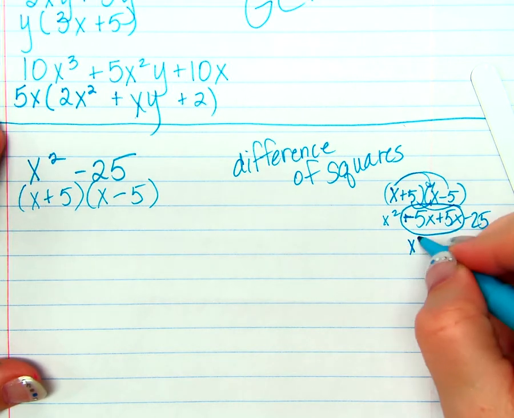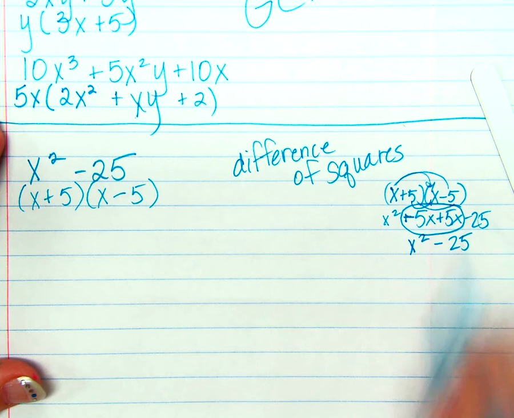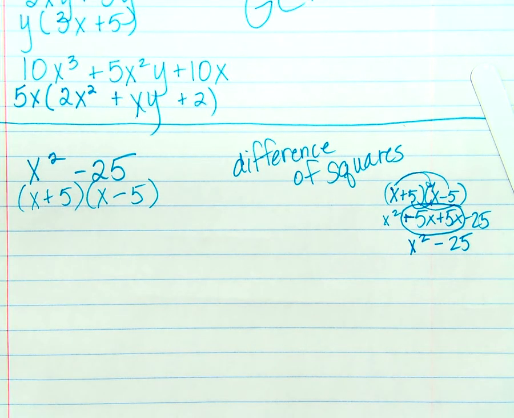What's left? Okay? We can multiply to check our answer if we wish. It's not required, but it gives you a way to check your answer. But from here to here, then I'm done. Any questions about that?